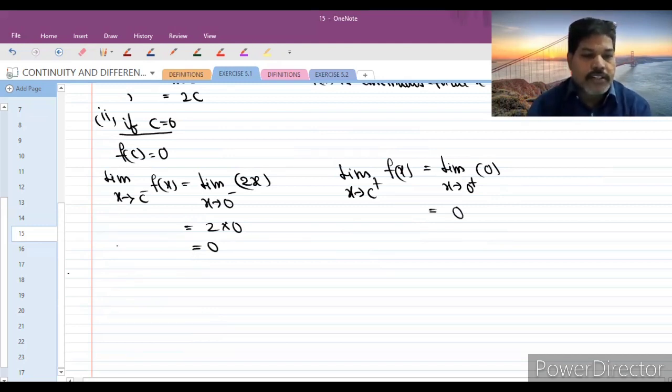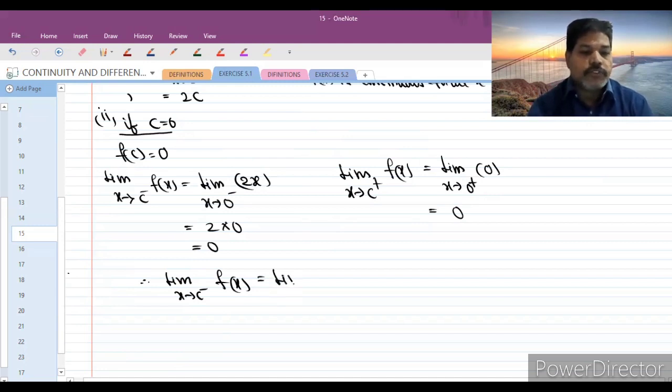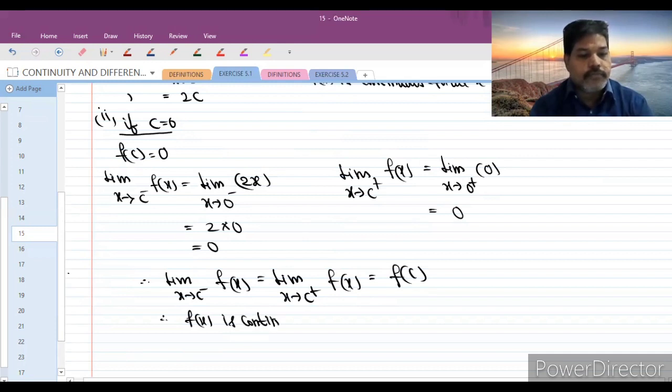So, students, from this you can conclude that the limit as x extends to C minus of f of x is equal to the limit as x extends to C plus of f of x, which is equal to f of C. Therefore, f of x is continuous at x equal to 0.